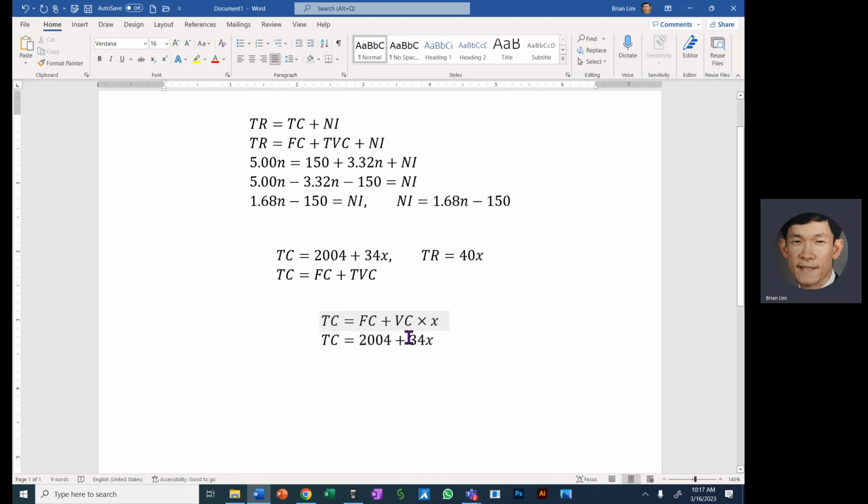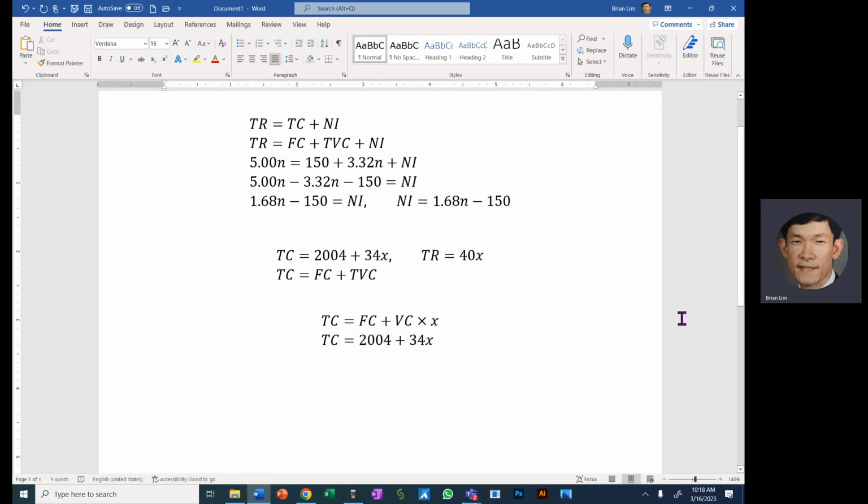So it would seem very logically that the fixed cost is this number right here, 2004. And this variable cost is indeed the 34. All right, so there we go.